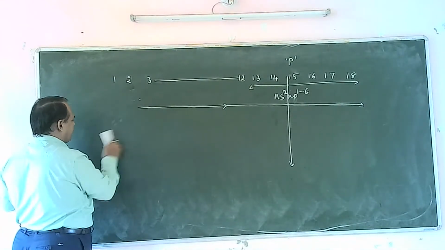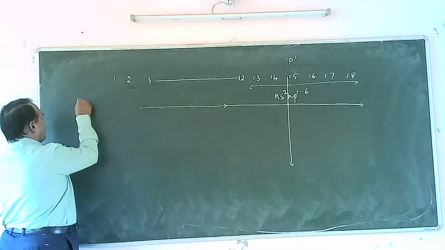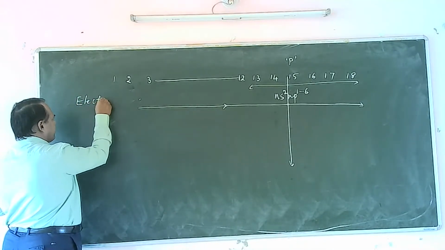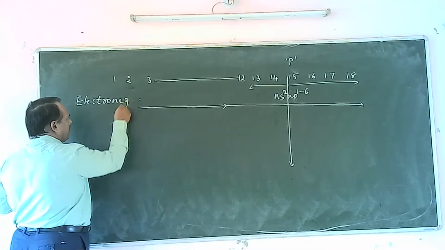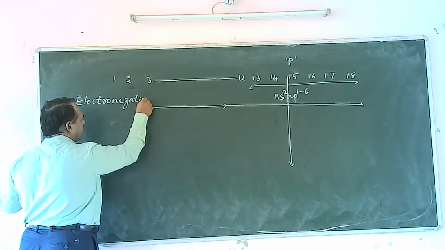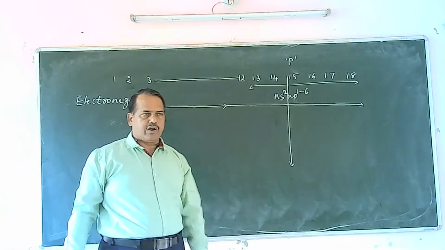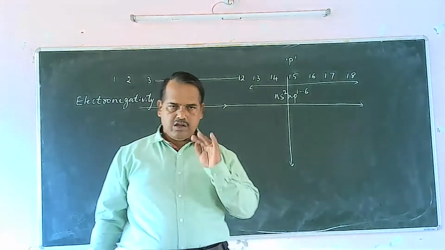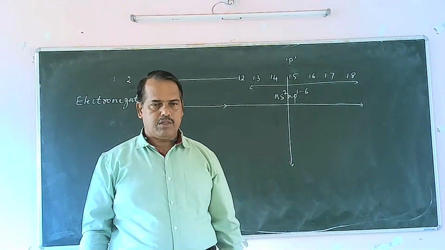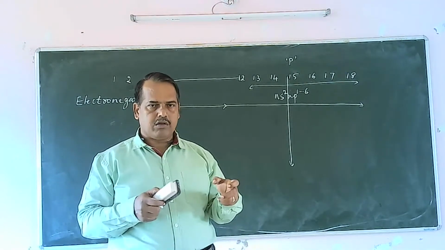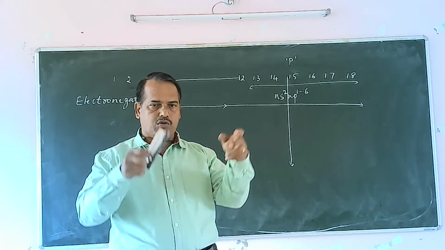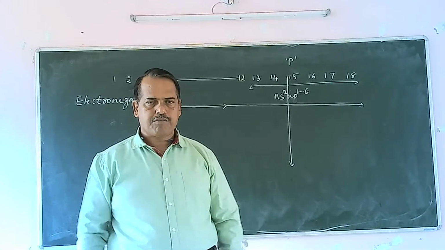Then we have to study electronegativity. Today we shall discuss another concept which is called electronegativity. What is electronegativity? It is the tendency of an atom to attract the shared pair of electrons towards itself.